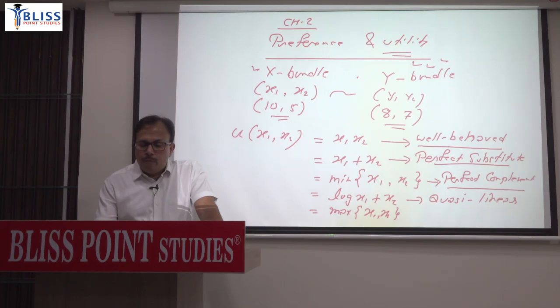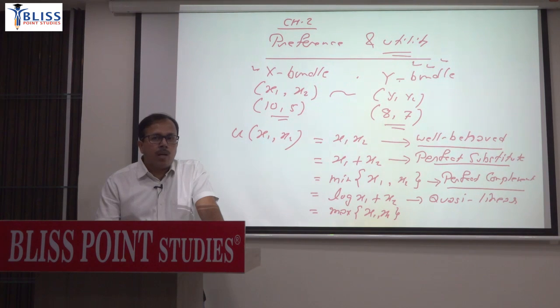You could be indifferent between x and y. You may prefer x over y. You may prefer y over x. It all depends upon how you write the utility function. Clear? So the function can be written in any different form also. I can write it as x1 square plus x2 square.